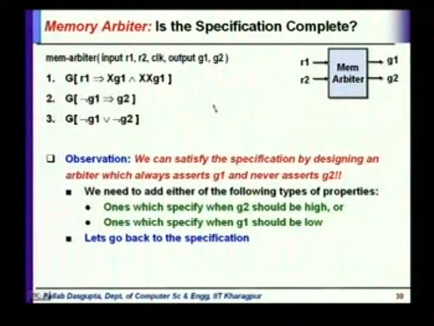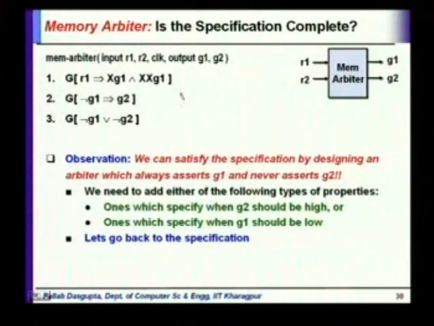Now, you see that there is a peculiar situation. We can satisfy all these properties by designing an arbiter which always asserts G1 and never asserts G2. See, if you keep the grant always on G1, then this property will hold always, because G1 is true in the next cycle everywhere G1 is true.